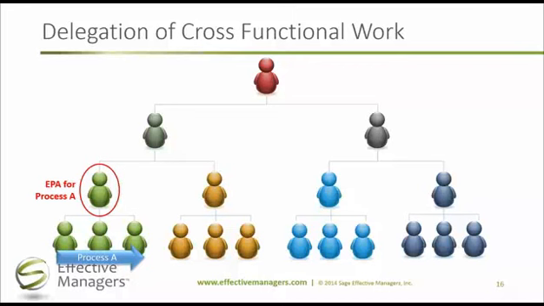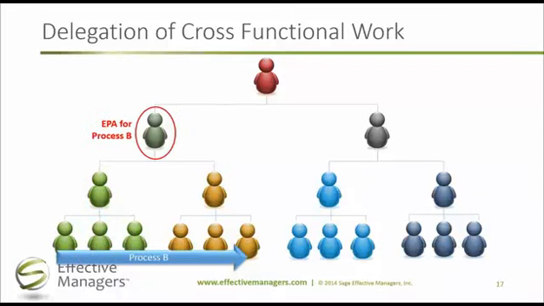They can rely on one of those individuals to take the lead in the process. But at the end of the day, if there's a problem that needs to be resolved, that manager is the only one that can decide and direct. So let's take a more complicated process now. Let's look at process, also imaginatively named process B, that goes across two sister departments.